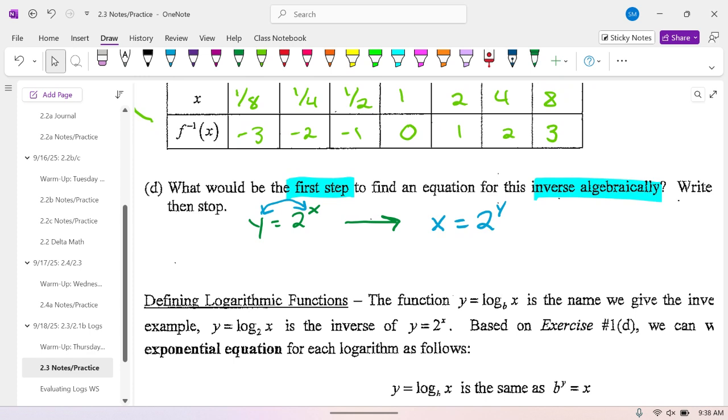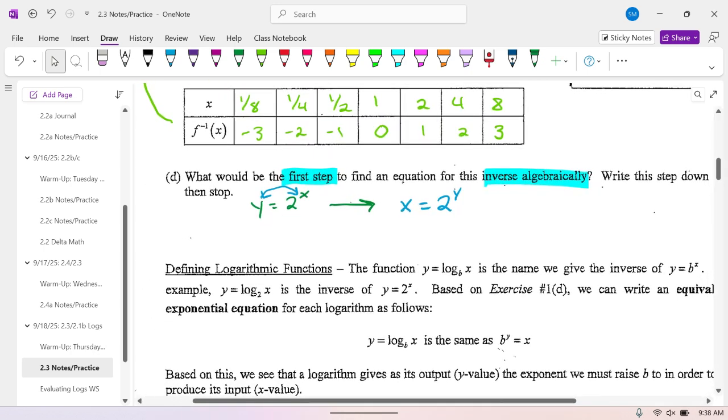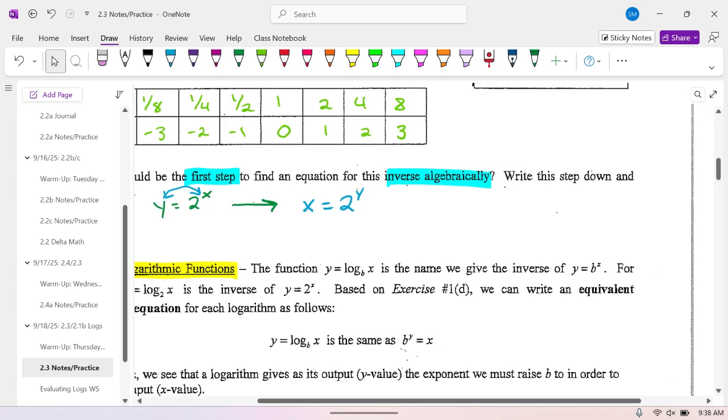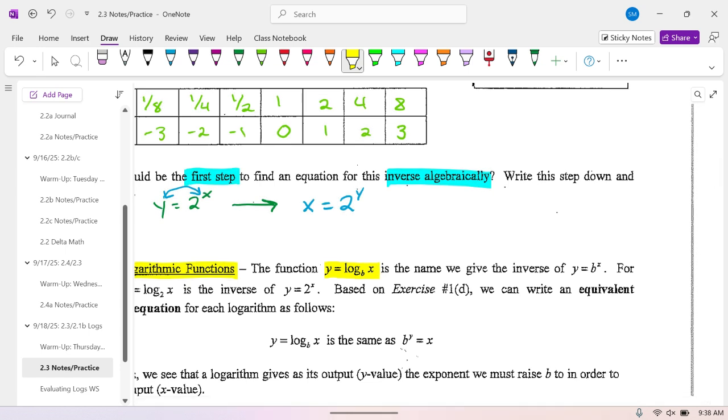Because now, this is where the logarithms come in. All right? So this is a brand new function. You've never seen it before in any class. The first time you ever see a log function is in Math 3. All right? So when we're talking about logarithmic functions, a logarithmic function, which is typically y equals log b of x, that's how you say it, is the inverse of y equals b to the x power.